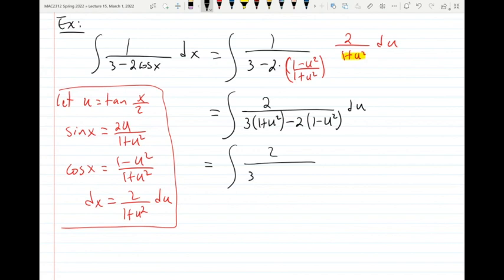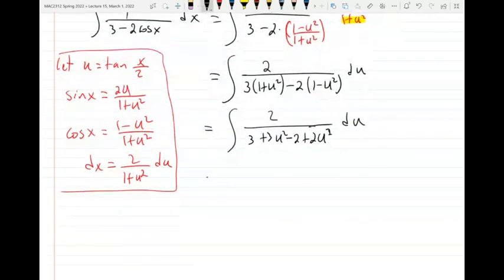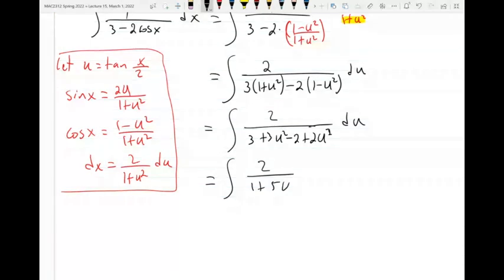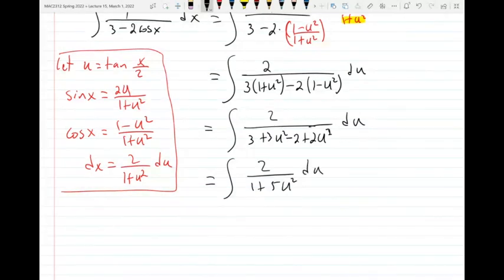Distributing the 3, we get 3 plus 3u squared minus 2 plus 2u squared. Combining like terms, we get 2 over 1 plus 5u squared. And this is an easy arctangent integral.